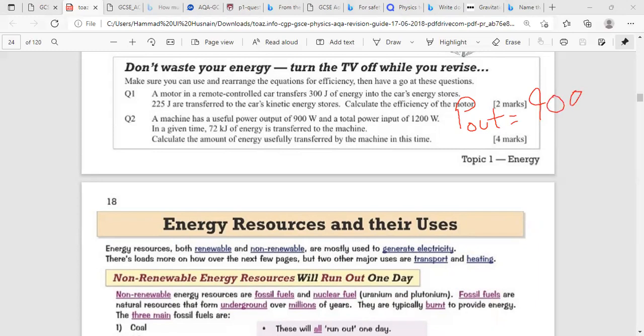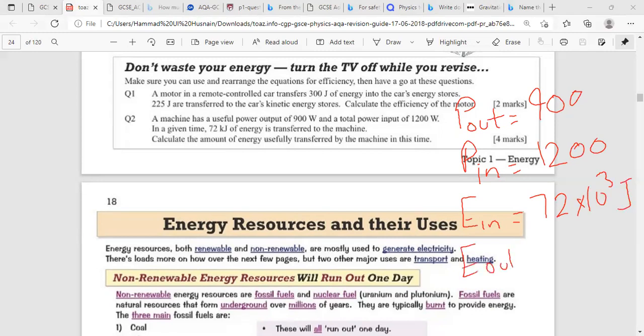We have a power input, which is 1200 watt, and we have energy in a given time, 72 kilojoules of energy transferred to the machine, which is our energy input. It means 72 times 10 raised to the power 3 joules, and we want to find the energy output, right? So this is the data of the question.